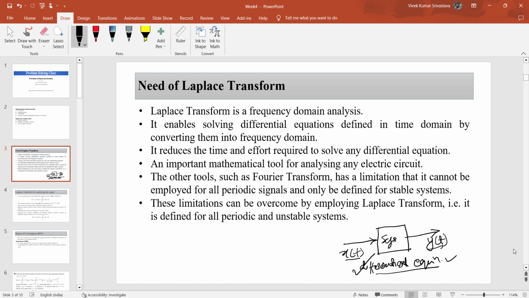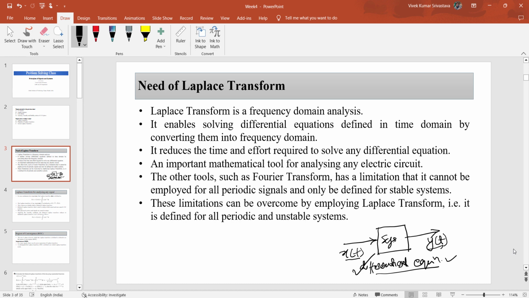Laplace transform is a tool that enables us to solve such a complex, or say higher order, differential equation.